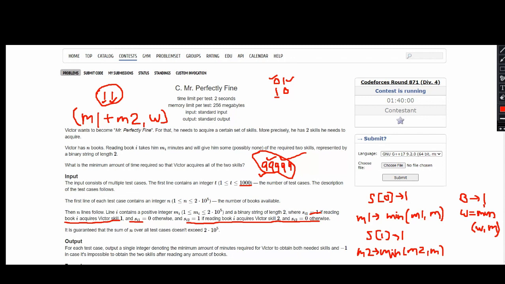But if this is not the case, we return the minimum of M1 plus M2 and the whole number. So this would be our final answer.